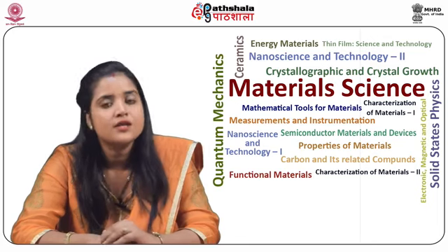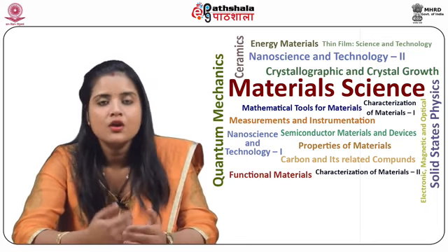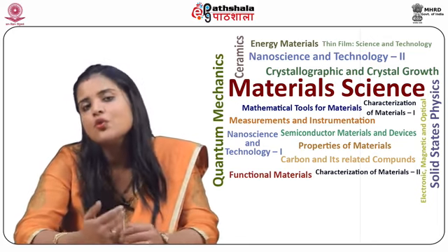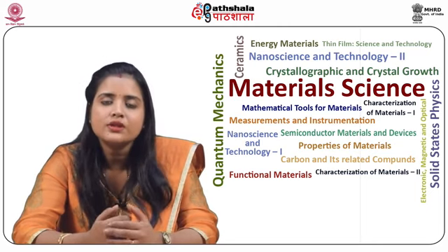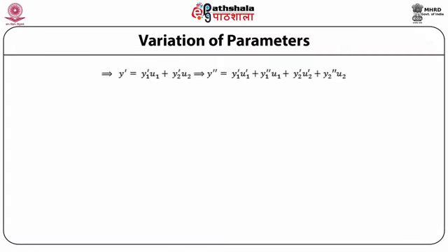One equation is given by y1 u1 prime plus y2 u2 prime is equal to 0. We get y prime is equal to y1 prime u1 plus y2 prime u2. The equation can be differentiated to obtain y double prime is equal to y1 prime u1 prime plus y1 double prime u1 plus y2 prime u2 prime plus y2 double prime u2.